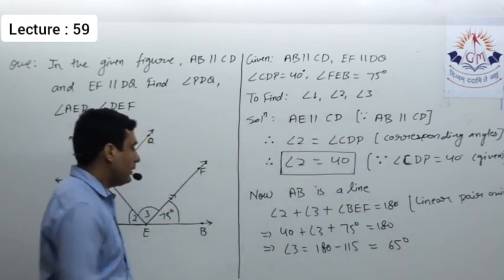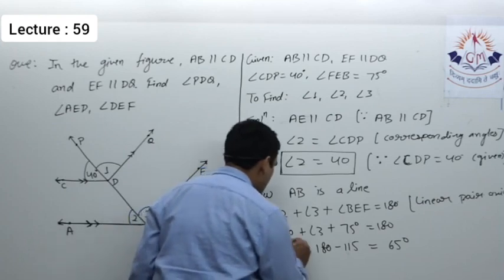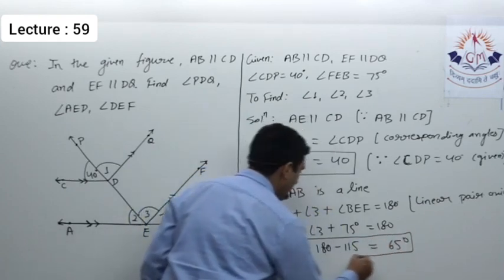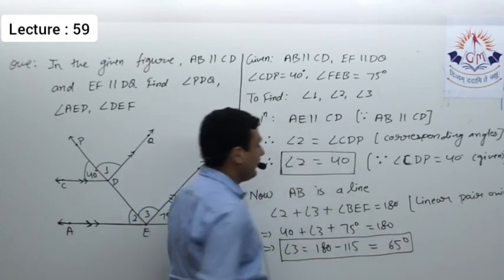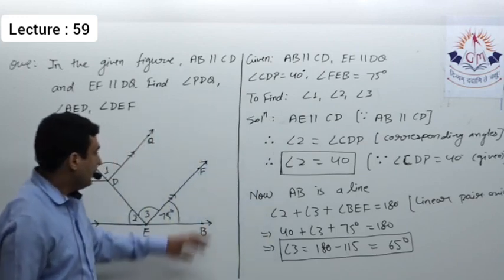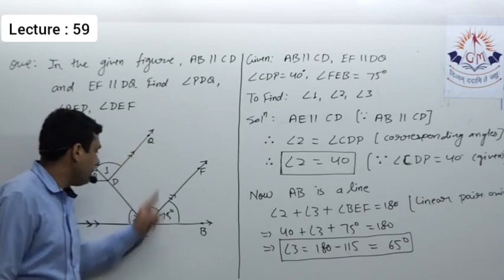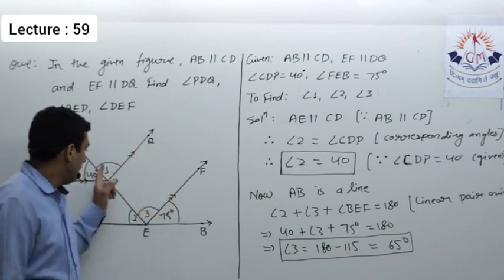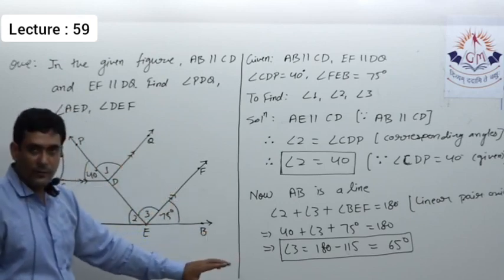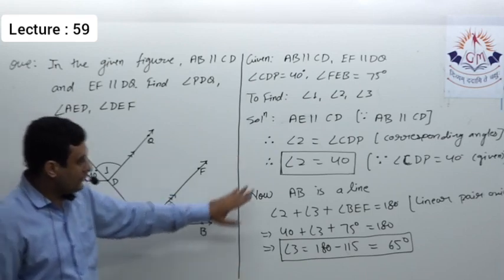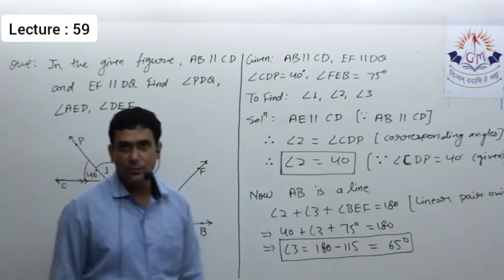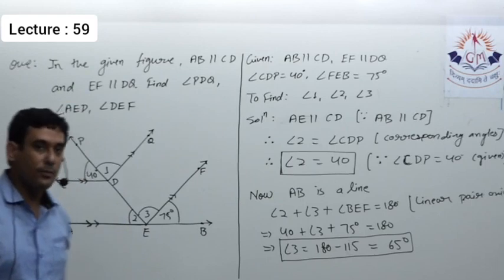So here I got the measure of angle 3 as well. Now next I have to find the measure of angle 1. And I told you 1 and 3 are corresponding angles because DQ is parallel to EF. So definitely angle 1 is going to be equal to 65 degrees. But how do we have to write that? First of all, note it down, then I will give the remaining solution.